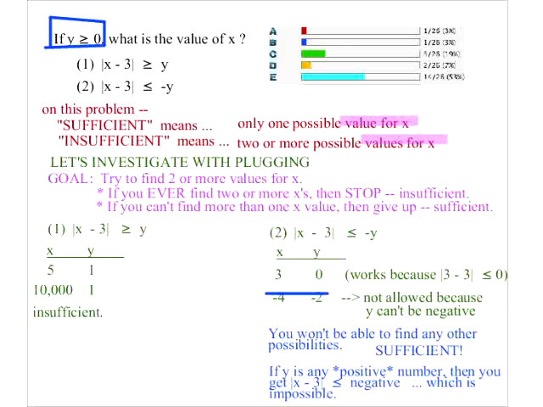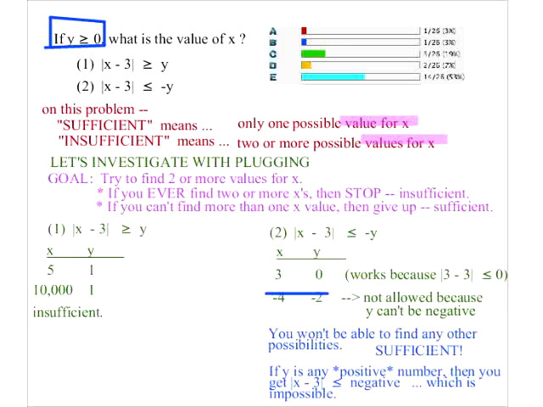You can discover this by plugging. If you plug in any y except 0, you will soon notice what happens. If y is 1, then you have an absolute value less than -1, and that can't happen. If y is 2, you have an absolute value less than -2. That can't happen either.